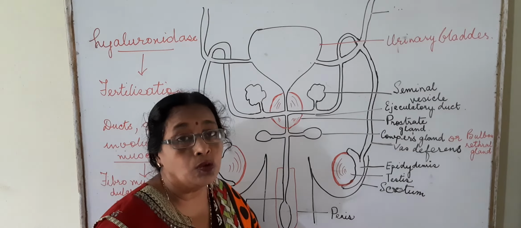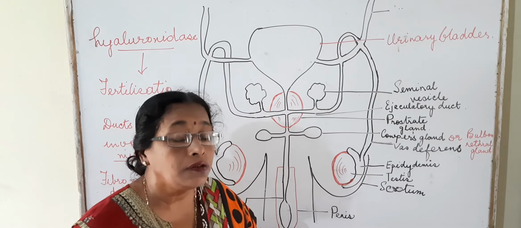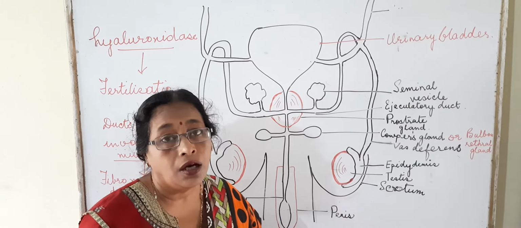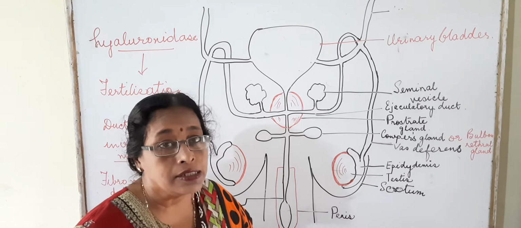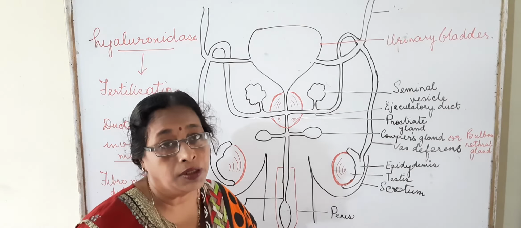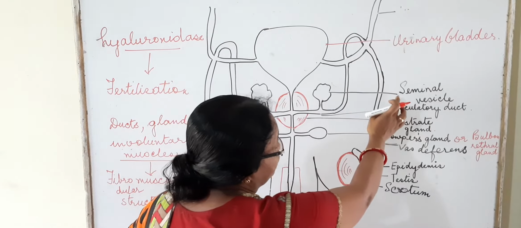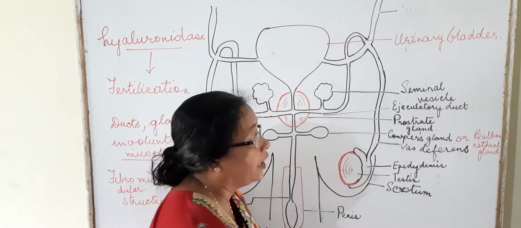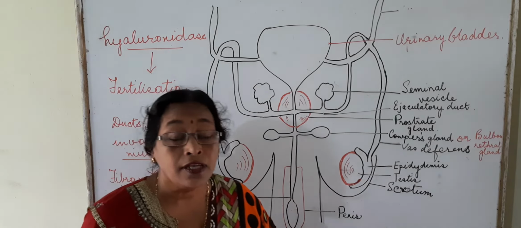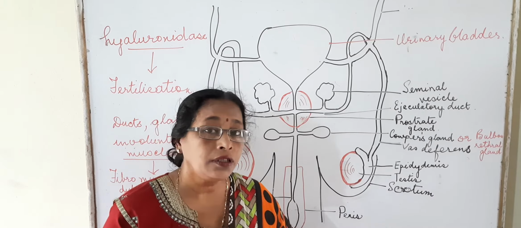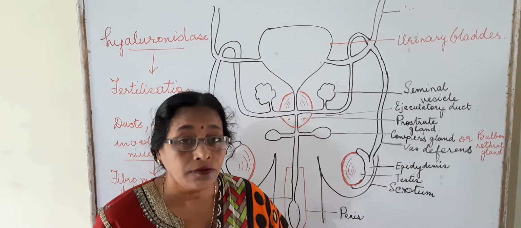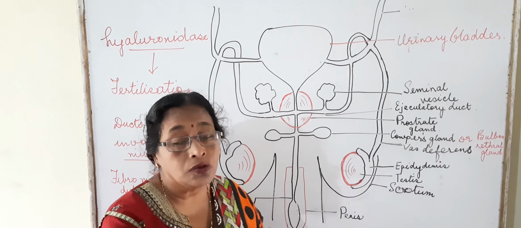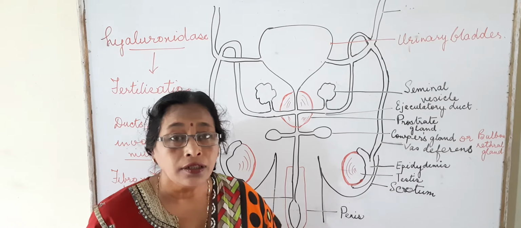It secretes mucus, which helps in easy ejaculation of the sperms and the semen. The secretions of these three glands, that is the seminal vesicle, the prostate gland and the bulbourethral gland, form the seminal fluid, which helps in the nourishment and the motility of the sperm. These also form the accessory glands.